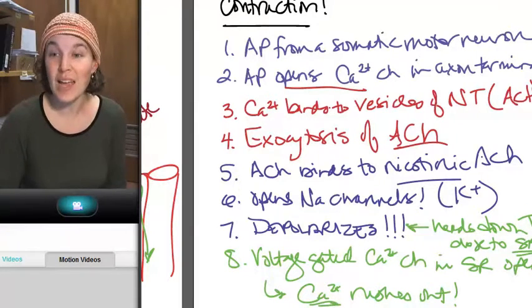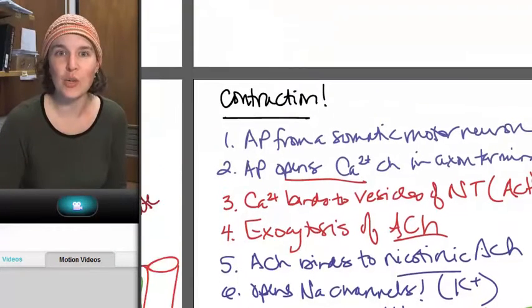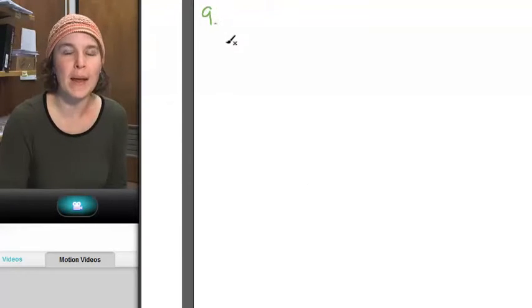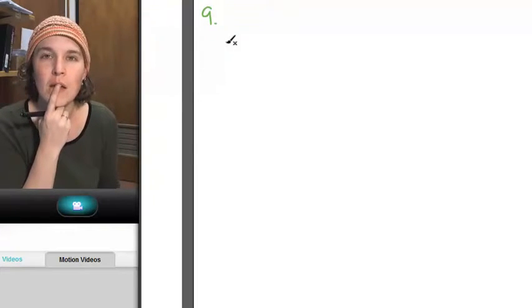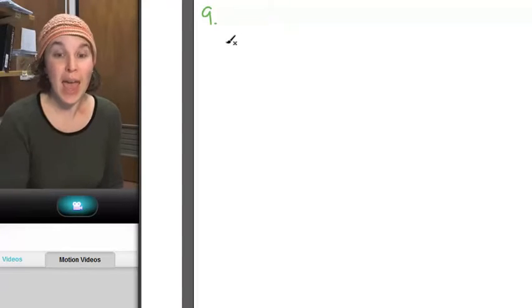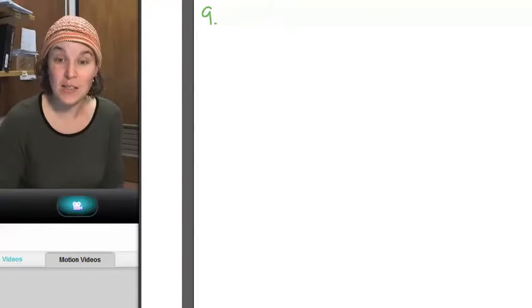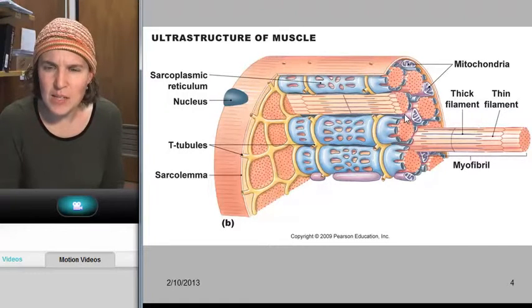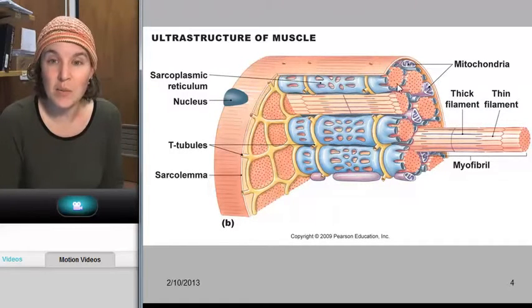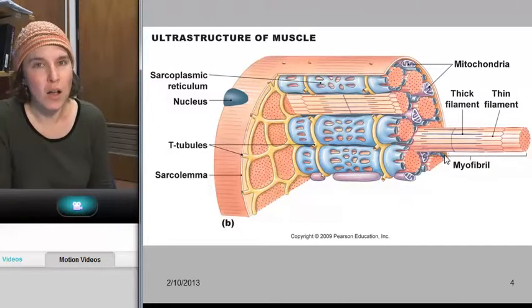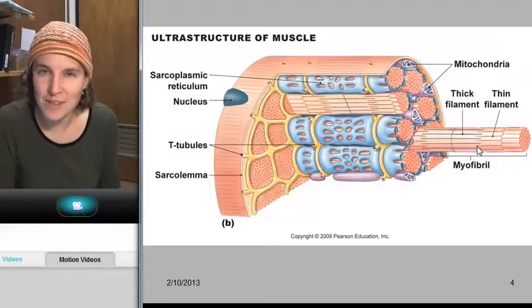Okay, that was number 8. So we're going to number 9 now. I hope that you're thinking, wait a minute, calcium is now in the mix. We've just dumped calcium all around these myofibrils, all around these thick and thin filaments.